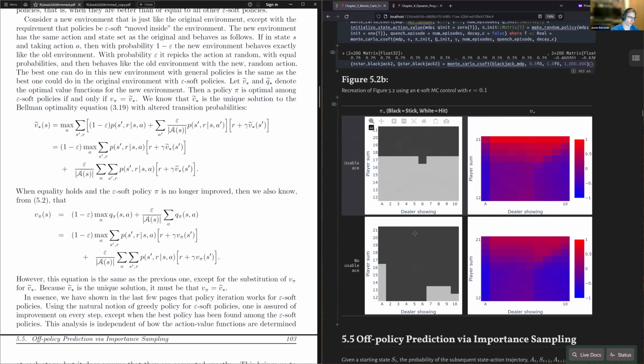So now we're at the point where there's no longer hit or stick as a clearly defined optimal action, because half the time we're actually going to randomly hit or stick. I guess you can still see the outcome, negative 0.5 or 0.5.